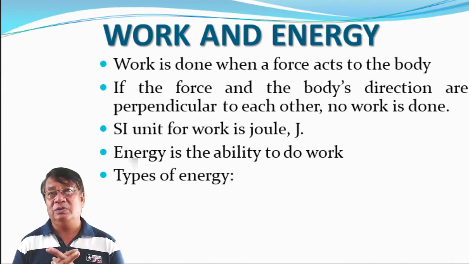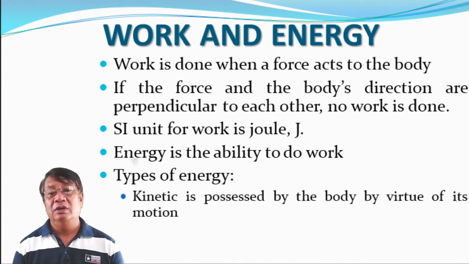Why? Because as we defined, energy is the ability to do work. Basically in our physics we have two types of energy: kinetic energy and potential energy. So what is kinetic energy?